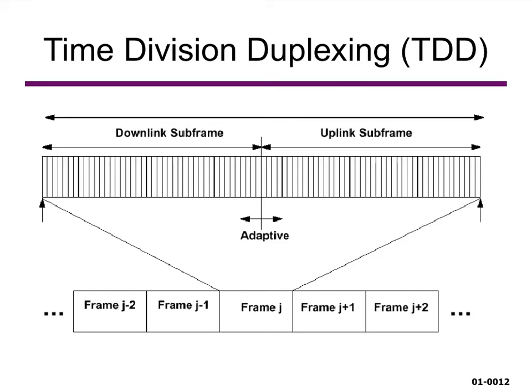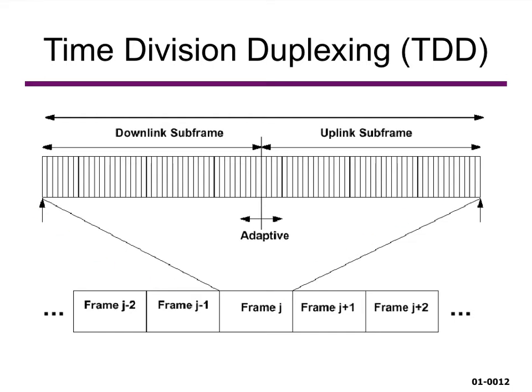Okay? And then these two subframes for TDD are both repeated in time to provide one frame, and then this frame is repeated in time. So each of these frames is subdivided into downlink and uplink.